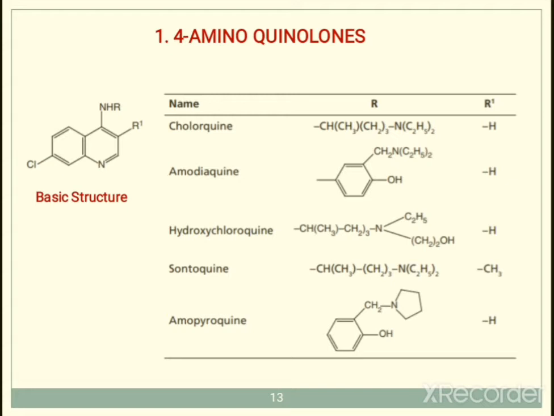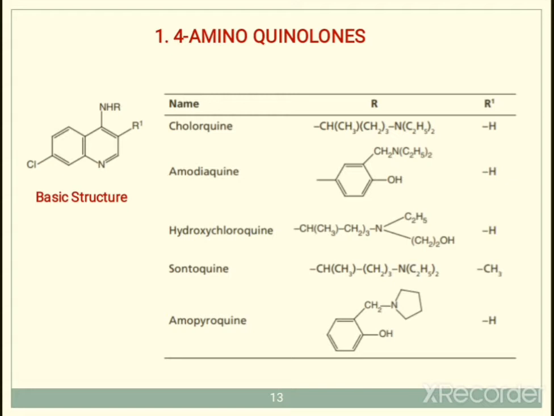Now the next one is hydroxychloroquine. Hydroxychloroquine is again similar to chloroquine, but in one of the C2H5 groups, one hydrogen has been replaced with OH. So CH3 CH2 3 times N C2H5 CH2 CH2 OH, and at R1 there is hydrogen only.